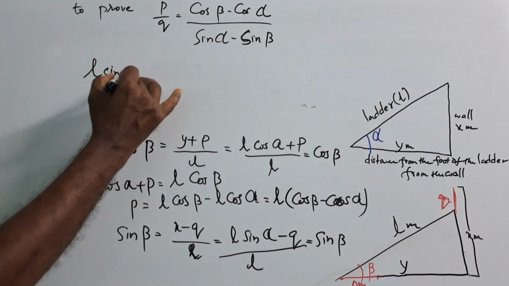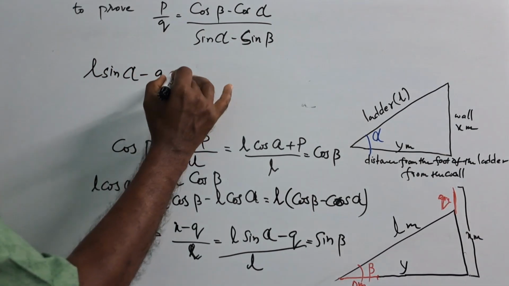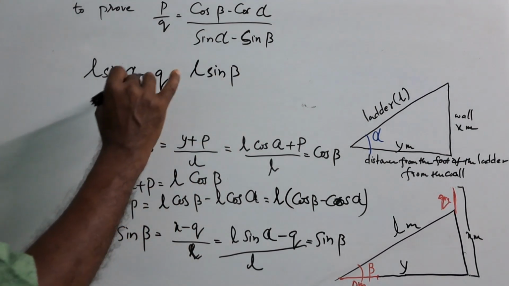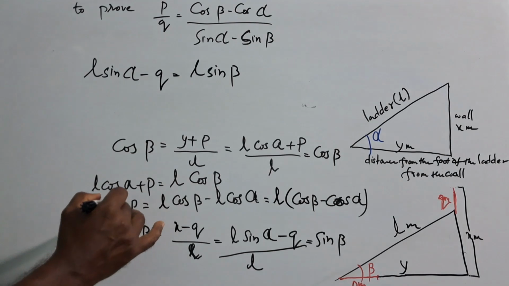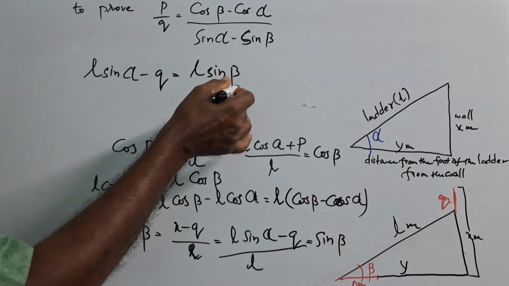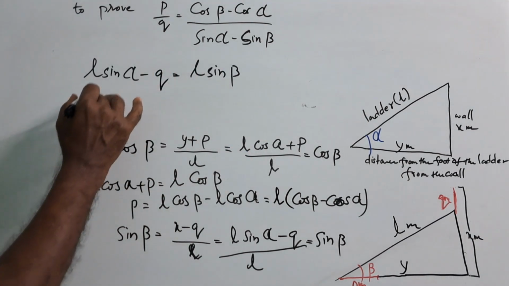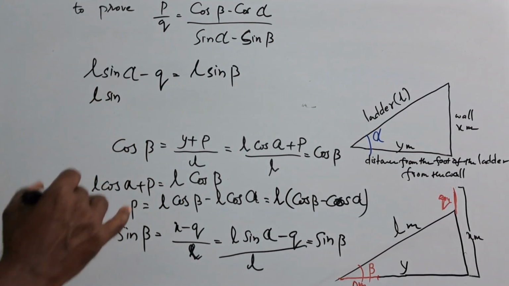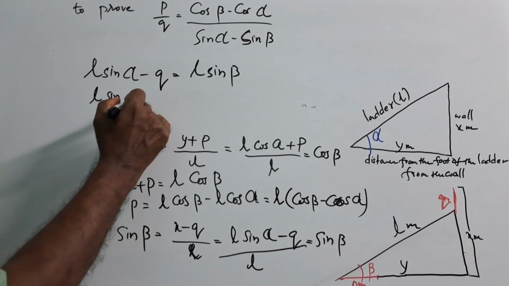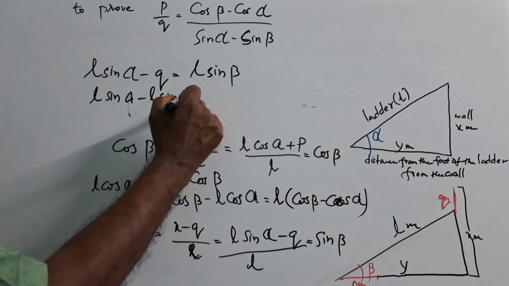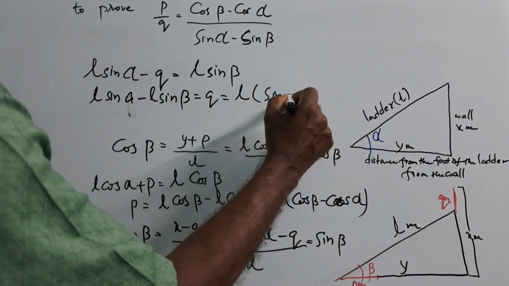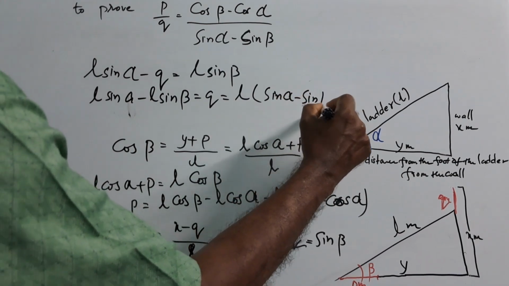L sin alpha minus q is equal to L sin beta. Taking q from LHS to RHS, and L sin beta from RHS to LHS, we get L sin alpha minus L sin beta is equal to q, which is L into sin alpha minus sin beta.